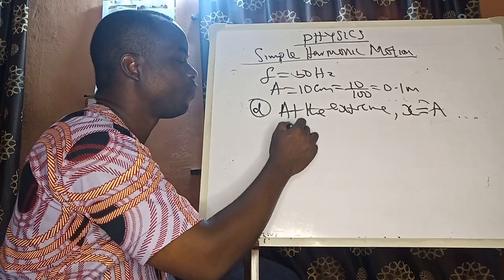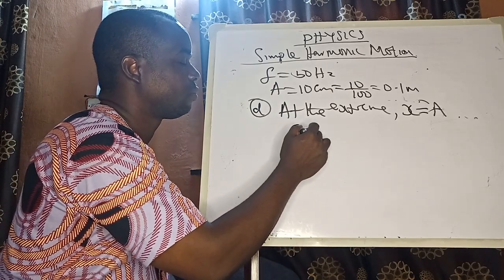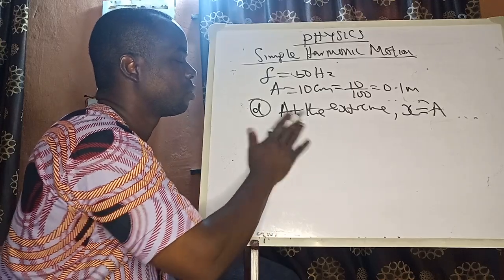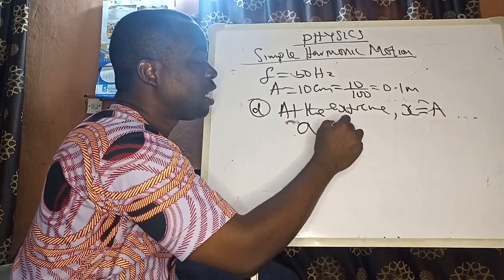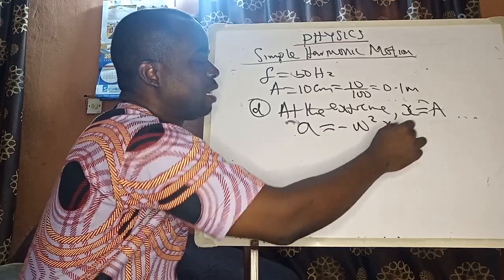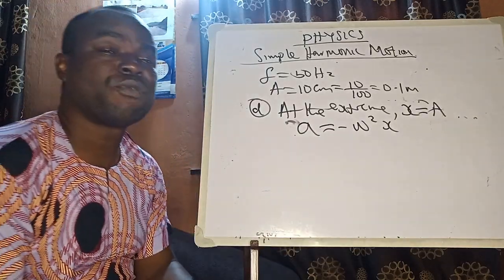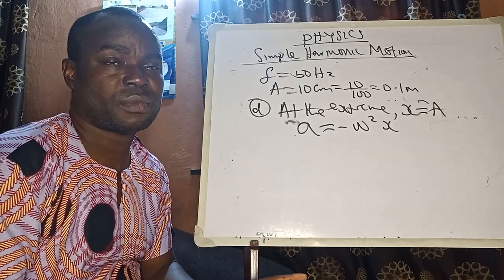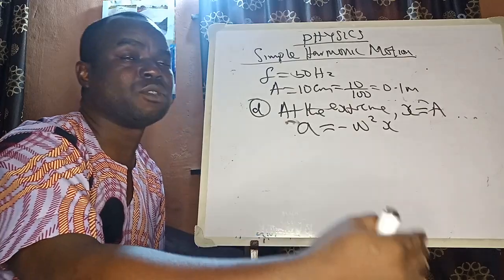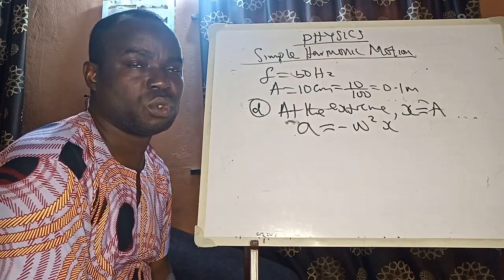So we are using the formula for acceleration. Since x is involved, use negative omega squared x. I've told you before that you don't use the negative in calculation. It shows that the acceleration is directed towards the center of oscillation.